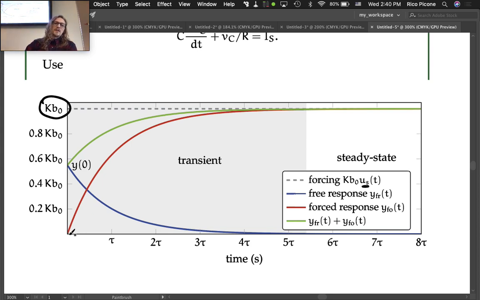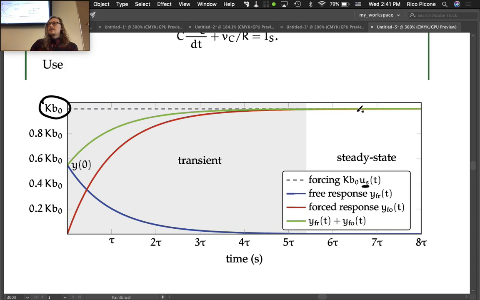So say you started out with all initial conditions set to 0, and then you put in this forcing function, k b naught times the unit step function, and we would get out this response. So it starts at 0, and it goes up to k b naught exponentially.